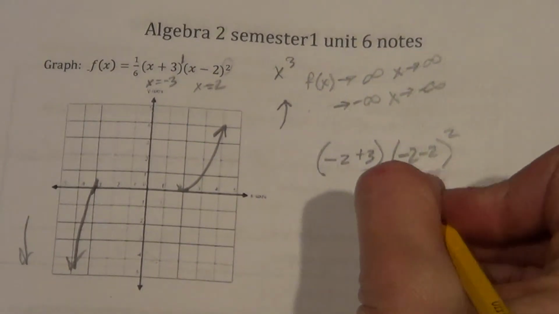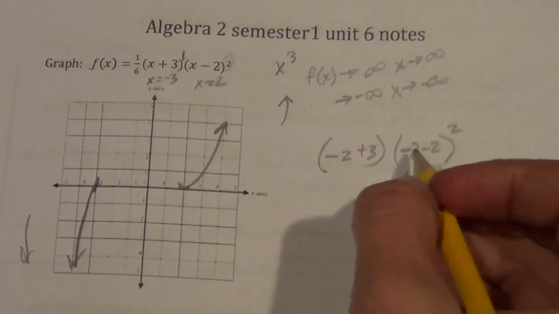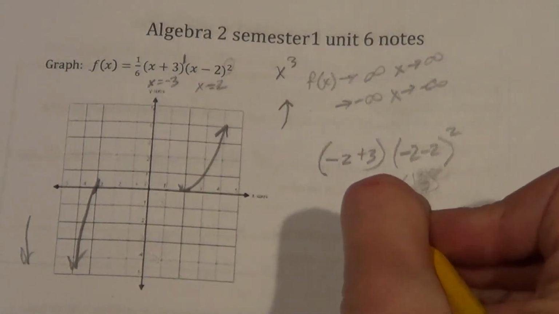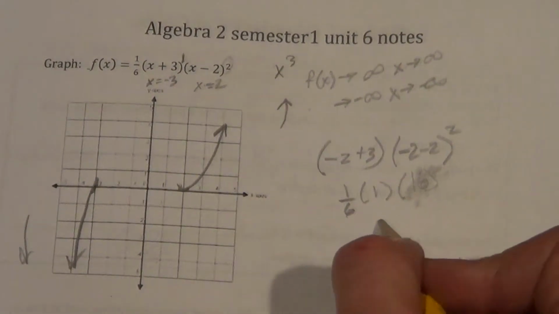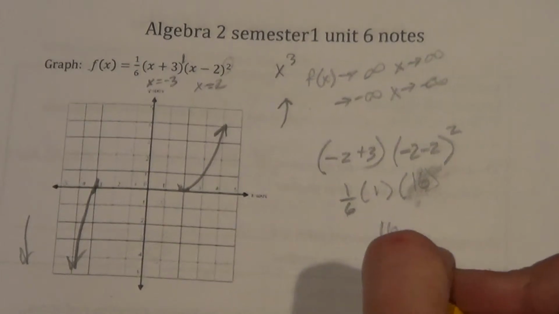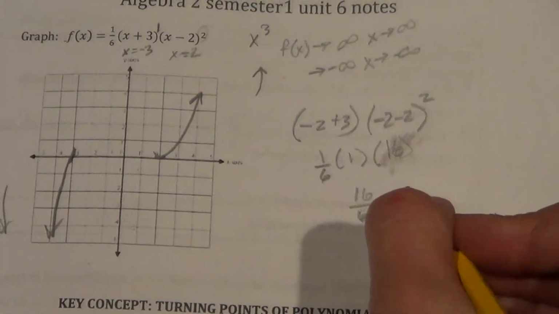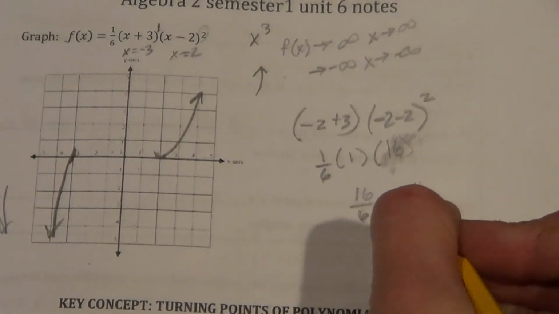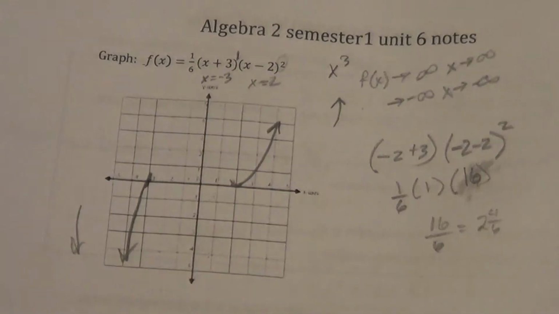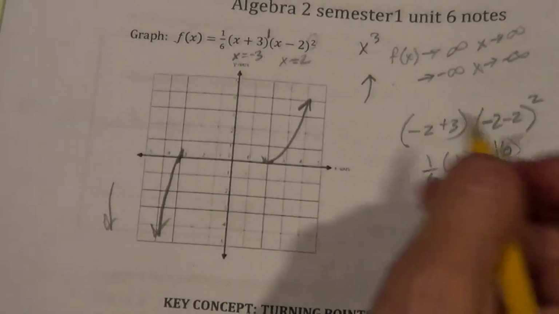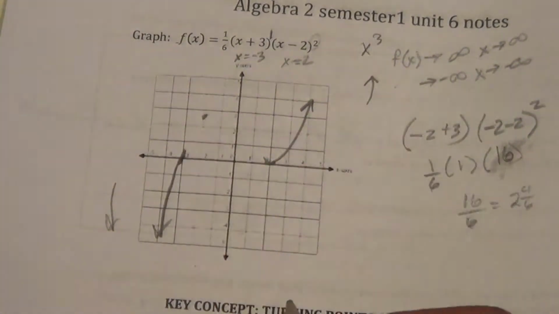Squared would be a positive 16. That was times 1. And then we take a sixth of it. 16 over 6 equals 2 and 2/3. So at negative 2, we're at 2 2/3, about right there.